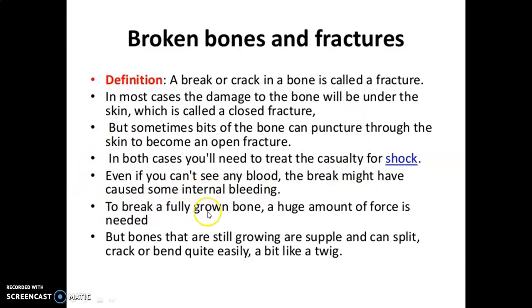To break a fully grown bone, a huge amount of force is needed, but bones that are still growing are supple and can split, crack, or bend quite easily, a bit like a twig.